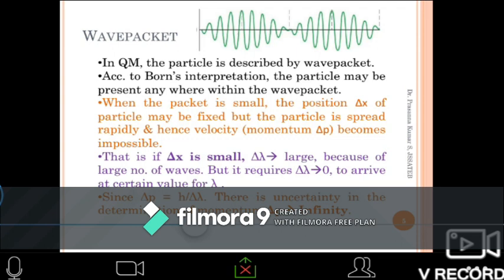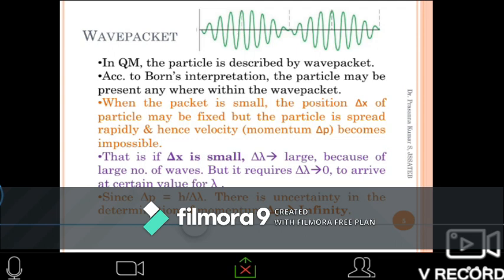The amplitude of the wave at the center of the wave packet is more. Therefore, you confine your observation to the center of the wave packet. It means that the electron or particle is more likely to be found at the center of the wave packet. If the wave packet is smaller and smaller, then the amplitude at the center becomes narrower and narrower.